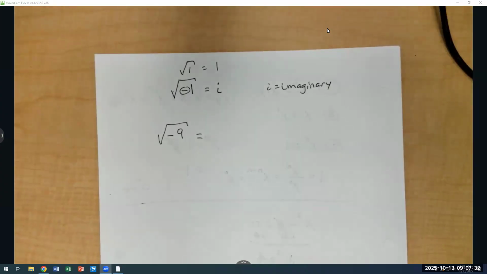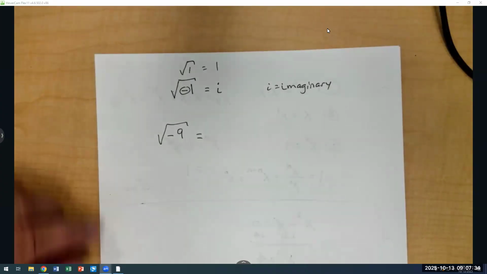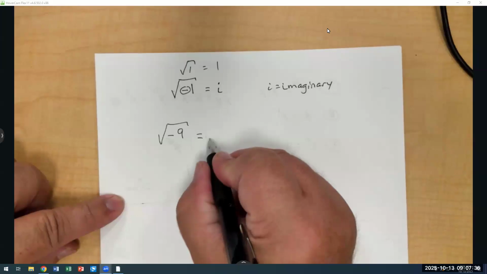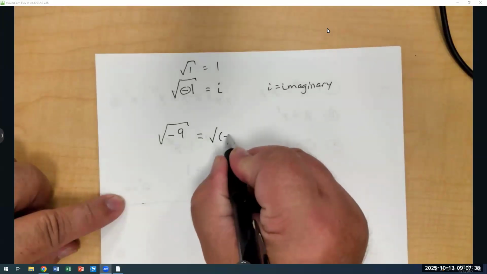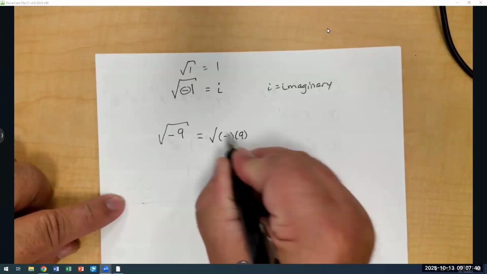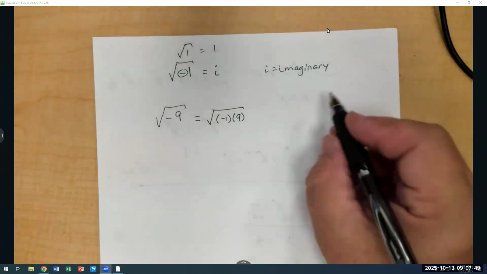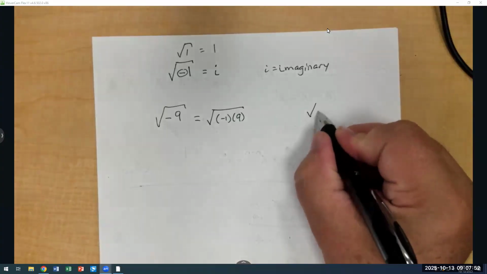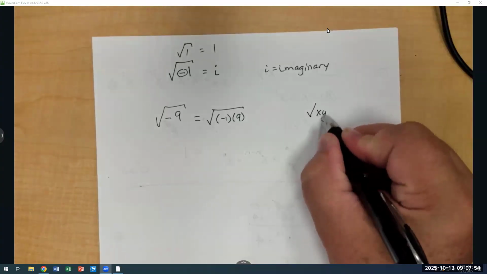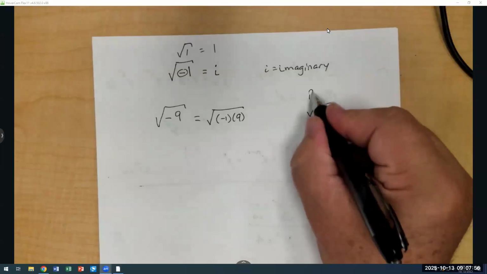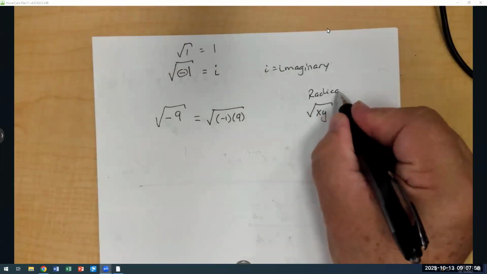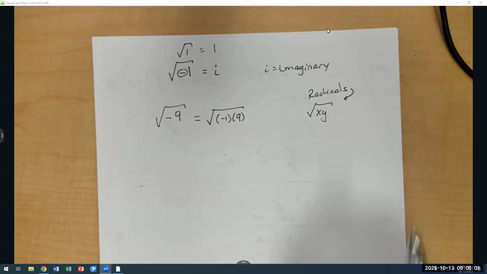I'll show you how it came about, and then we'll just jump straight to the shortcuts. So square root of negative 9 is the same thing as square root of negative 1 times 9. There's a property of radicals. These are called radicals, that square root symbol.